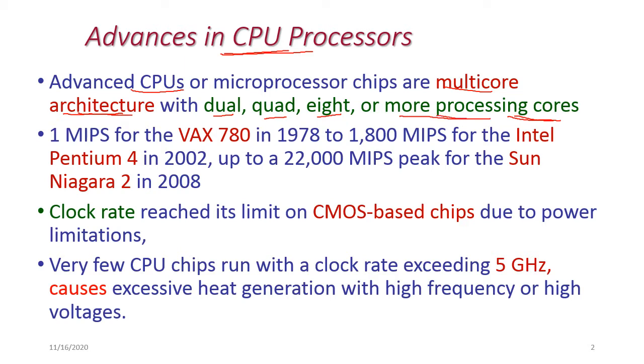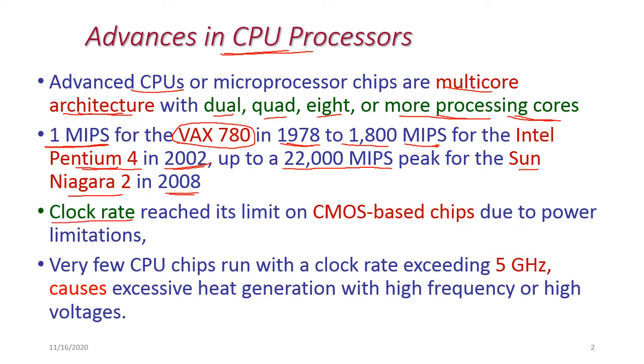In the year 1978 Intel introduced the processor VAX 780, whose speed is 1 million instructions per second, and the speed increased in the year 2002 to 1800 million instructions per second with the Intel Pentium 4, and up to 22,000 million instructions per second for the Sun Niagara 2 in the year 2008.